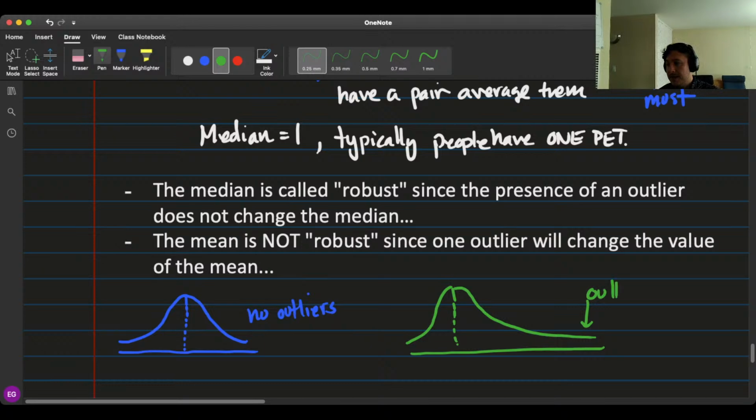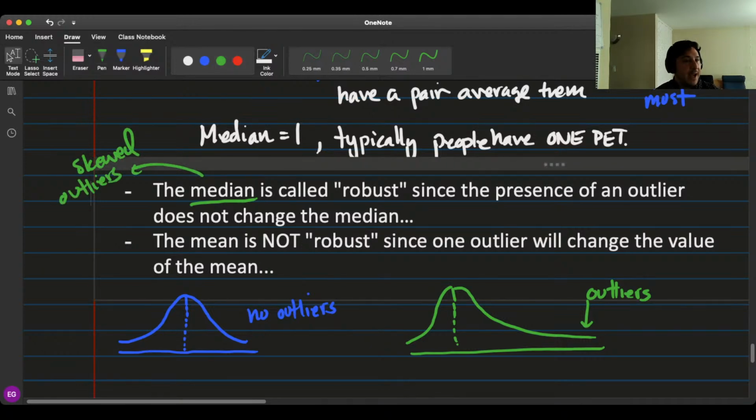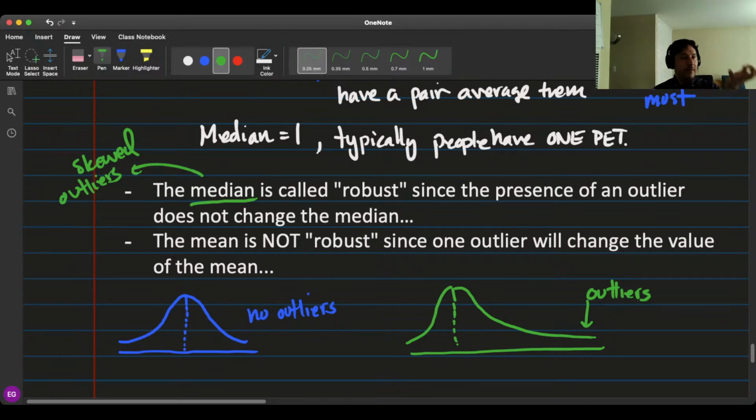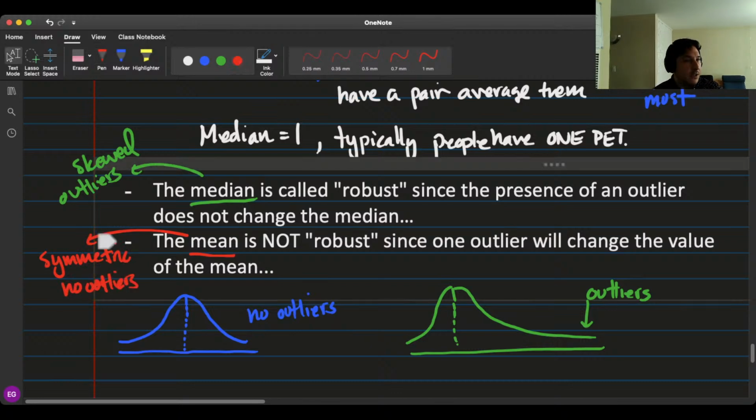Yeah, exactly. And that's why it's important to use the median when you're skewed, because skewed distributions usually have outliers, and the median doesn't care about that. The median doesn't get changed by that outlier, which is why we like using it for that. The mean, however, is used when your distribution is symmetric. Symmetric distributions don't have outliers. The mean would be changed if there were outliers.